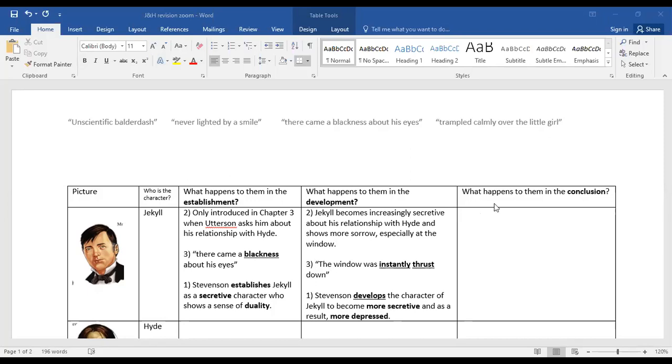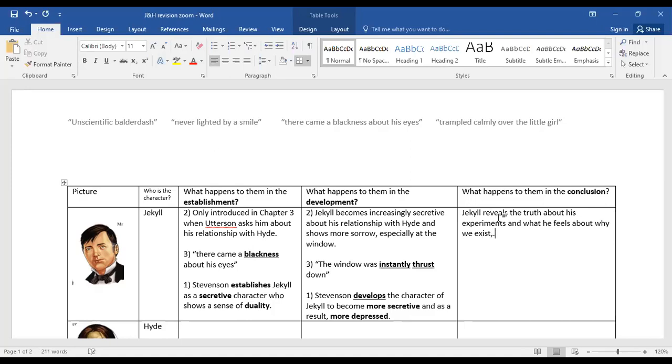Now our final paragraph for Jekyll. Just to repeat, your first paragraph is what he's like at the start of the story in the establishment, and your third paragraph is what he's like in the conclusion. Now remember, the end of the story is Jekyll's confession about his life, about being secretive as well. The truth about his experiments, what he feels about why we exist.